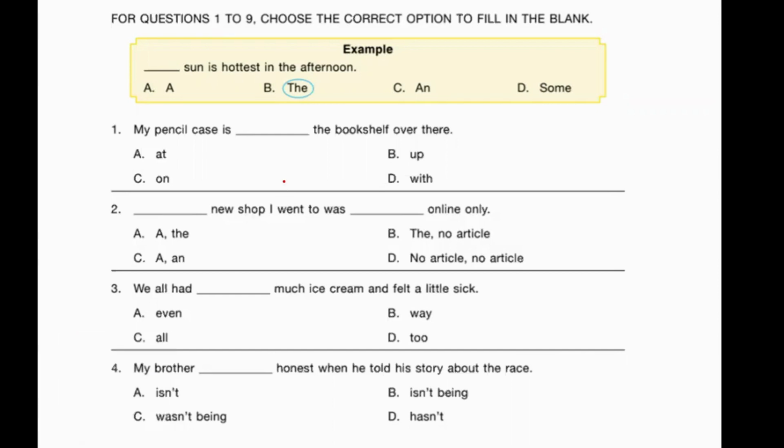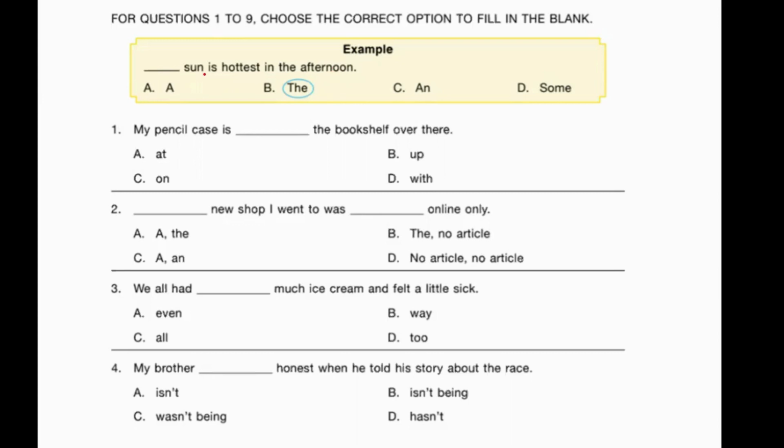For example, dash sun is hottest in the afternoon. Here you have to fill in the correct article. As you know, we have 3 articles: a, an and the. Sometimes we need not use any article, if the sentence is complete. Here we have to choose the correct article.